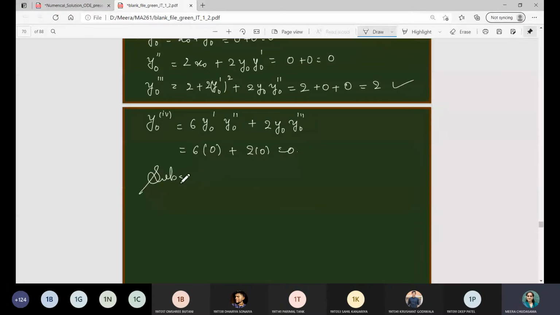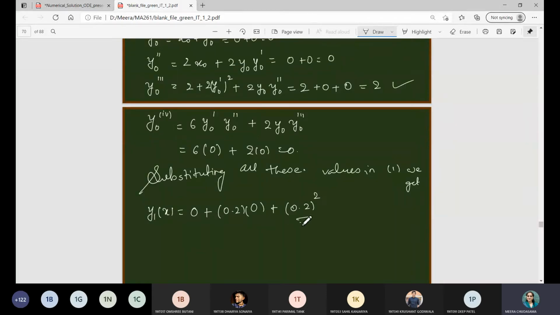So substituting all these values in 1 we get y1 of x is equal to, first is y0 that is 0, plus h that is 0.2 y0 dash is also 0, so this is 0 plus h square by 2 factorial y0 double dash that is also 0 plus 0.2 cube upon 3 factorial and y0 triple dash that is 2, and then fourth order derivative is 0, so I am substituting it as a 0.